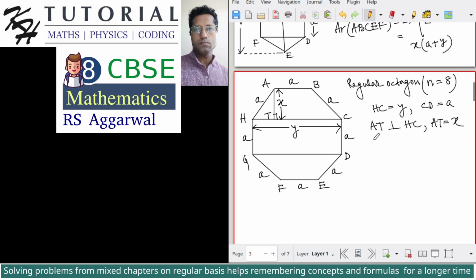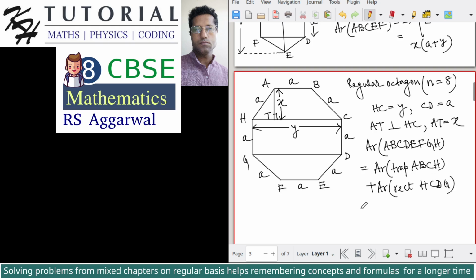So we can say that the area of the entire regular octagon ABCDEFGH will be the area of the trapezium ABCH, plus in the middle you can see we have a rectangle, area of rectangle HCDG, and at the bottom we again have another trapezium which is GDEF.